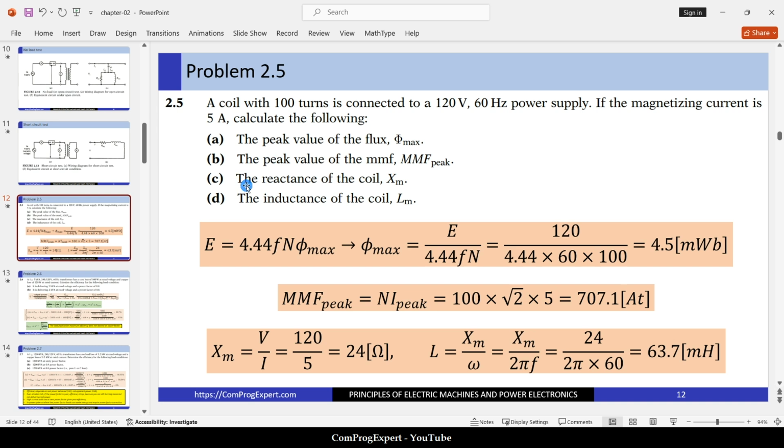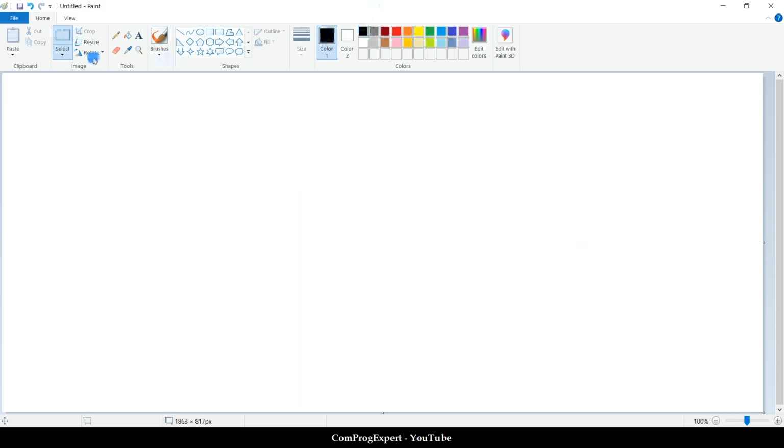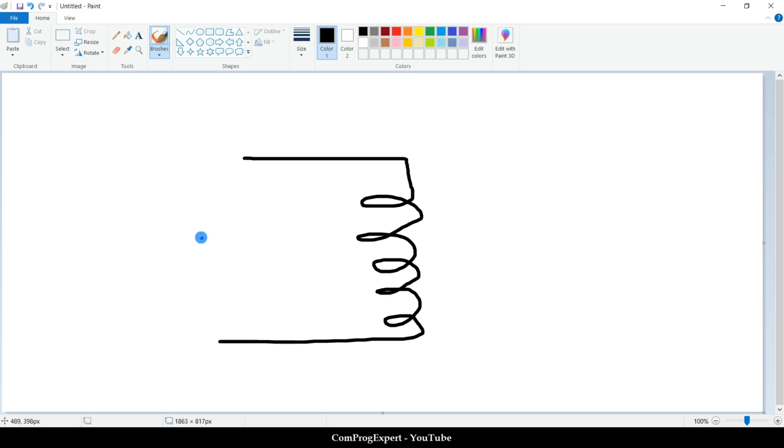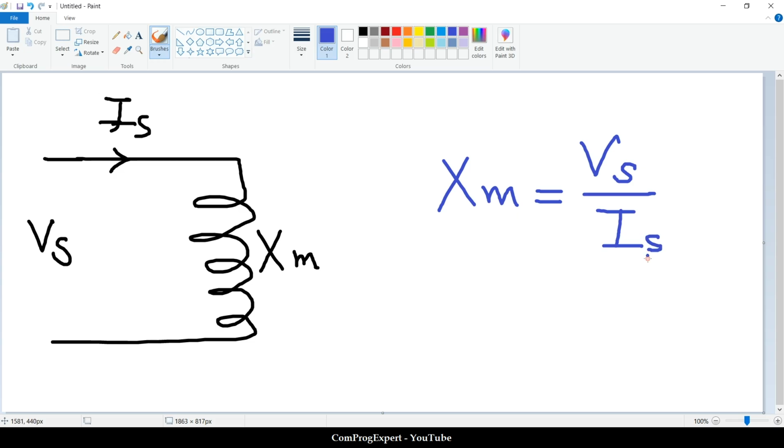Part C, the reactance of the coil. So we have this coil. The magnetizing current is given for this Vs and Is. You know that in this simple circuit, the magnetizing reactance for this inductor is equal to Vs divided by Is.